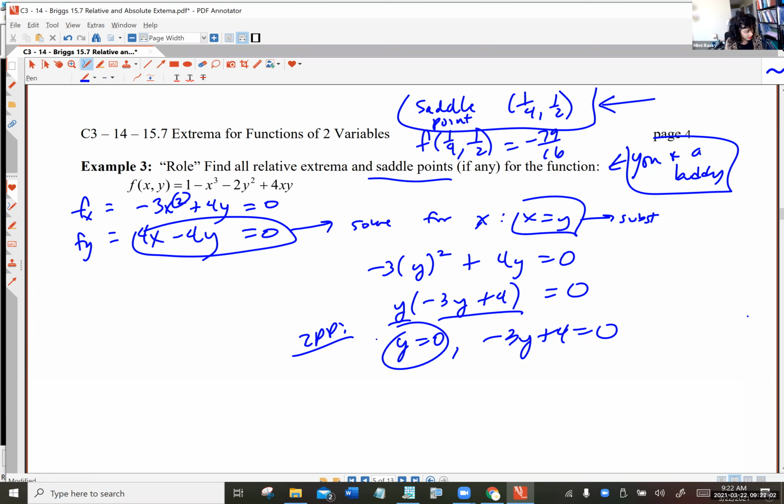Hey, y equals 0, yay. Although a lot of my algebra students go, well, 0 doesn't count, let's just throw it out. No, no, no, no. 0 is a wonderful number, and that definitely counts as one of the y coordinates of the solution. And now this one, if you add 3y to both sides and then divide both sides by 3, you get y equal 4/3.